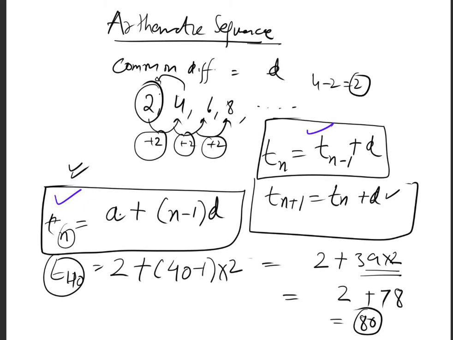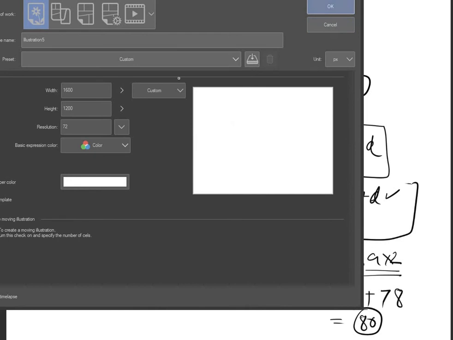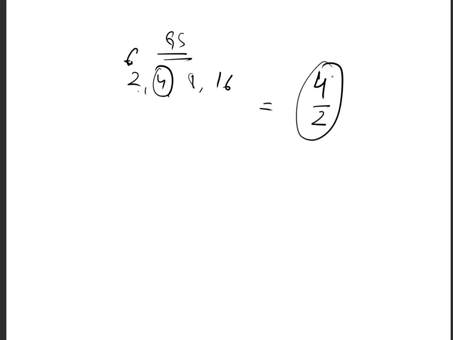But in the world of geometric sequences, 2, 4, 8, 16, I'll pick up one of the terms, let's say 4, and I divide it by its previous term. Divide it. And this fraction is nothing but a ratio, right?